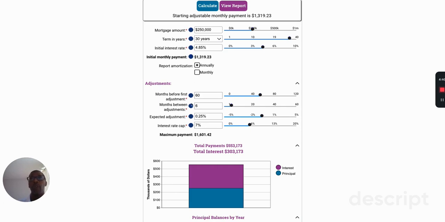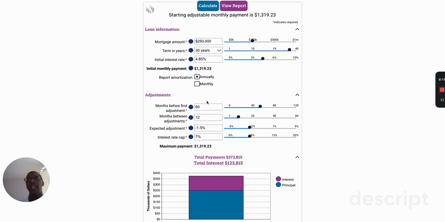So you go from a fixed $1,319, and after the 5-year period, it adjusts 0.25%, and you see an increase of almost $300. That's a huge jump, right? So my suggestion would be, if you're going to get into an ARM, you want to refi before it adjusts.